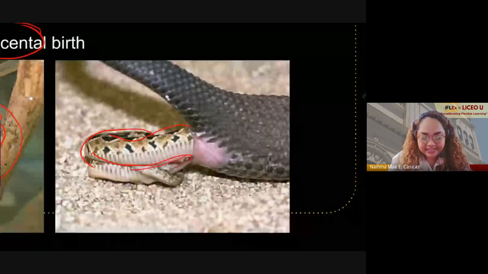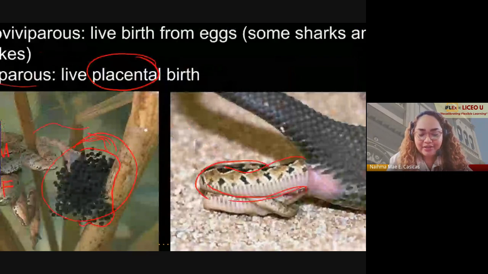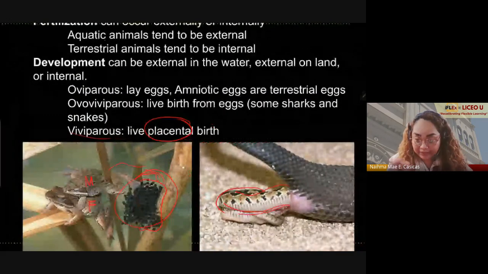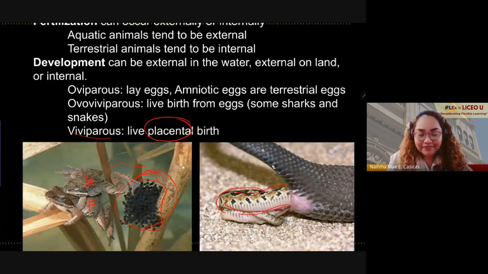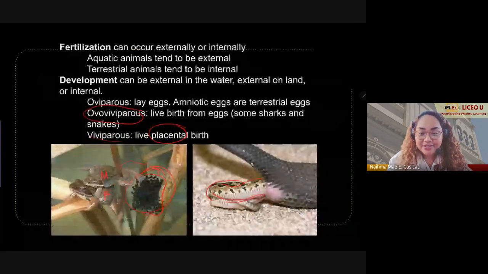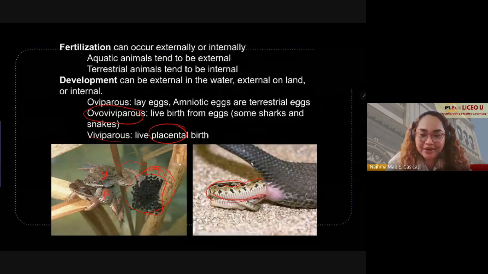So where did the eggshell go? The eggshell will remain inside the body of the female animal, and it will be reabsorbed back into the body of that female shark or female snake. And this particular development is what you call as ovoviviparous.